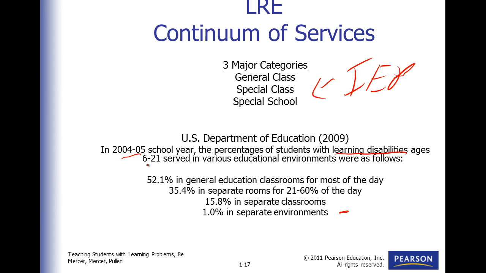And we're not talking about preschool kids, we're talking about school-age kids. So for the most part, they are in the general classroom or out for a very short period of the day, small parts of the day. So that's about 87% or more. And who does this include?